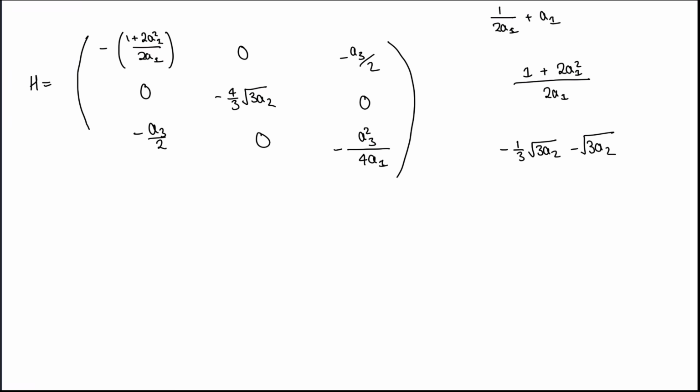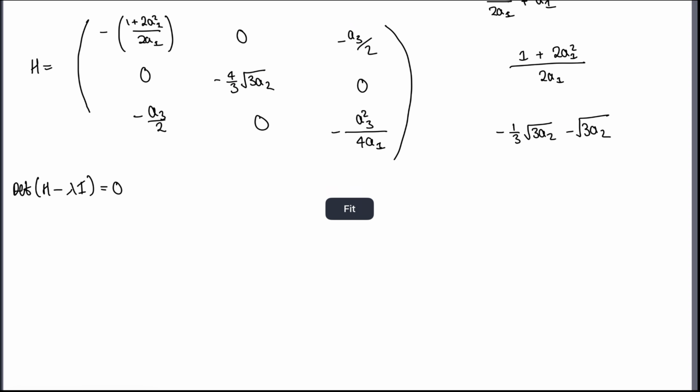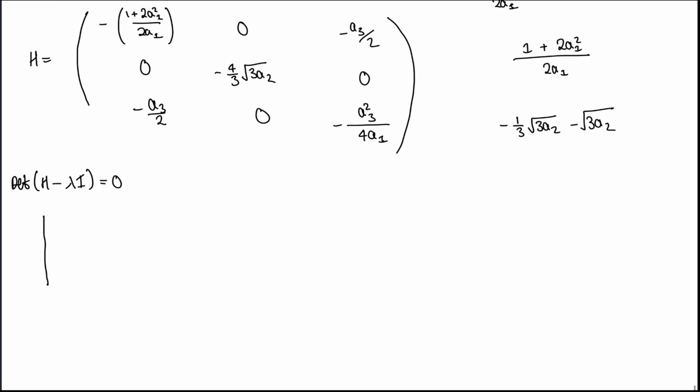If we now work out the eigenvalues of h, so that h minus lambda I is equal to 0, we get the same matrix, but now with minus lambda in the diagonals. I will now use the second row to work out the determinant.